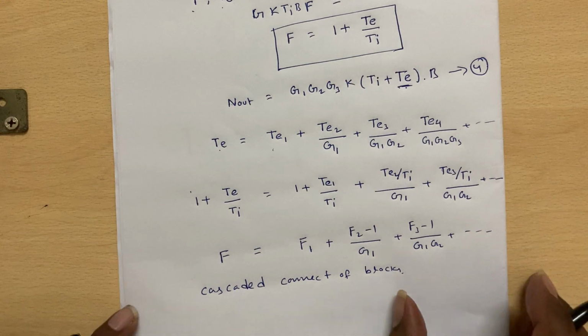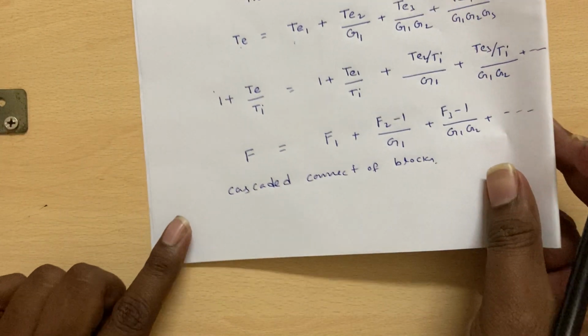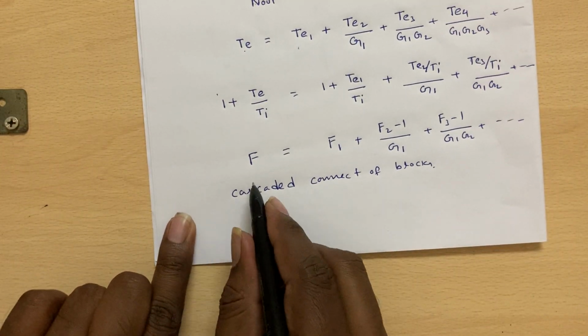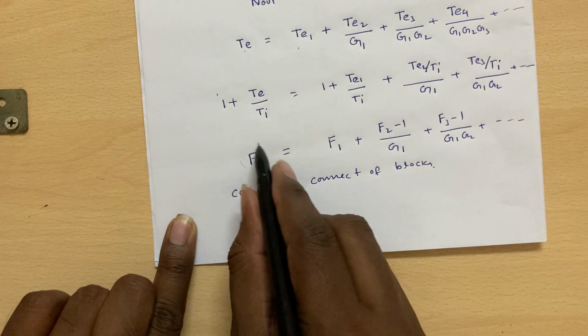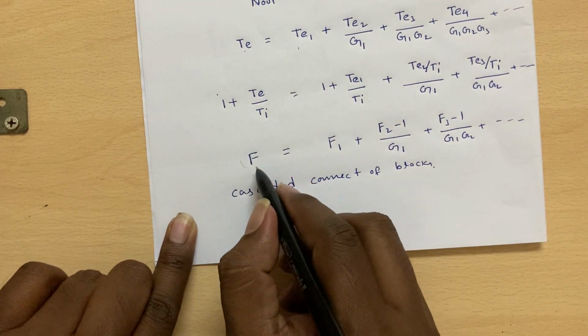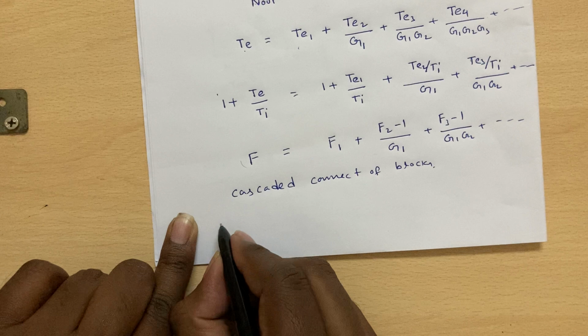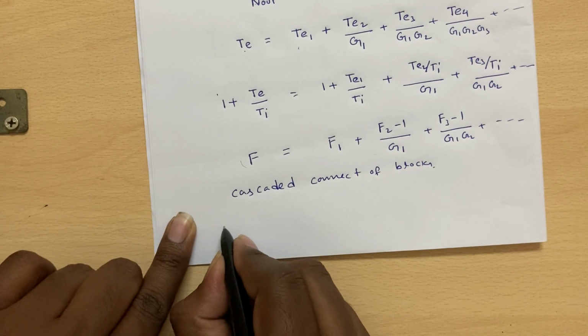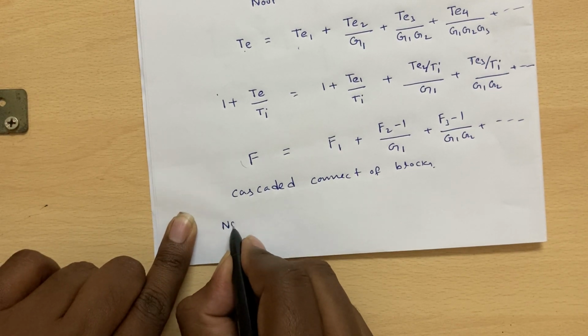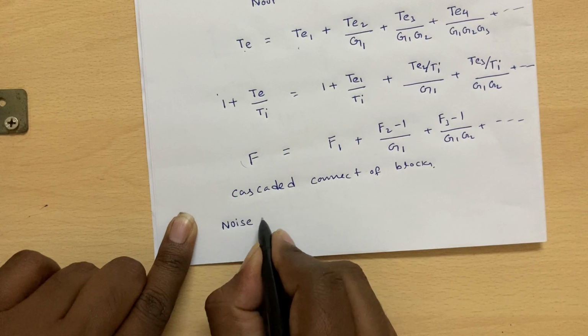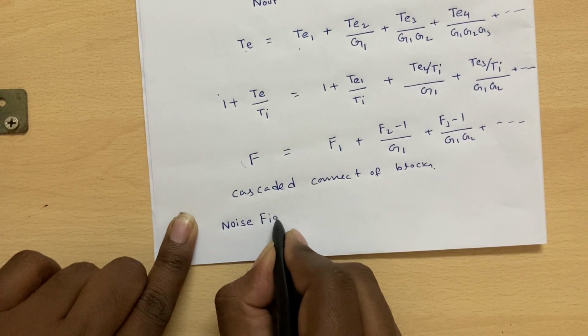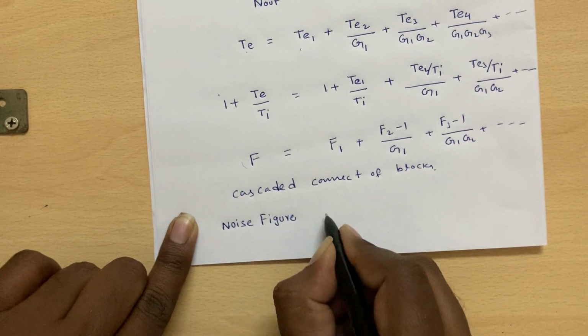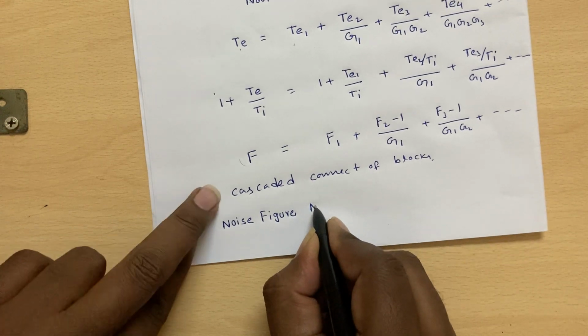And one more thing, the final remark on this noise factor: generally people will not use this parameter in linear scale, they use it in dB scale. In dB scale, noise factor is called the noise figure, NF.